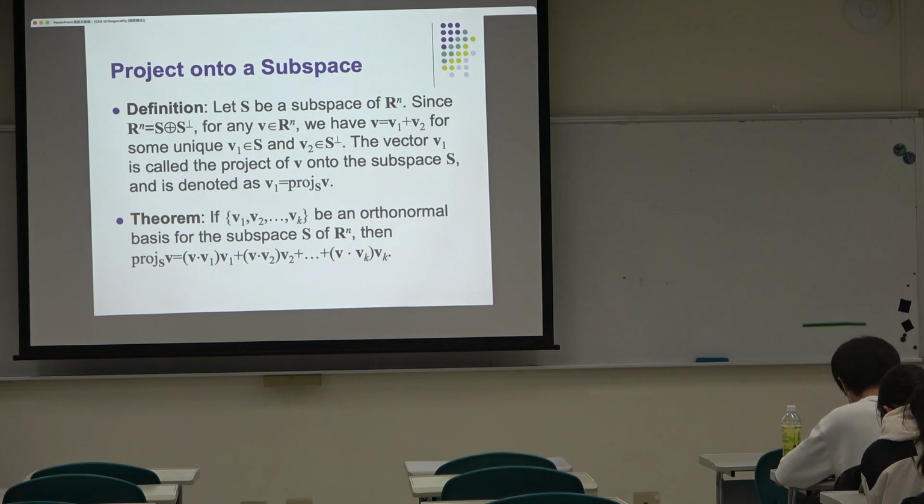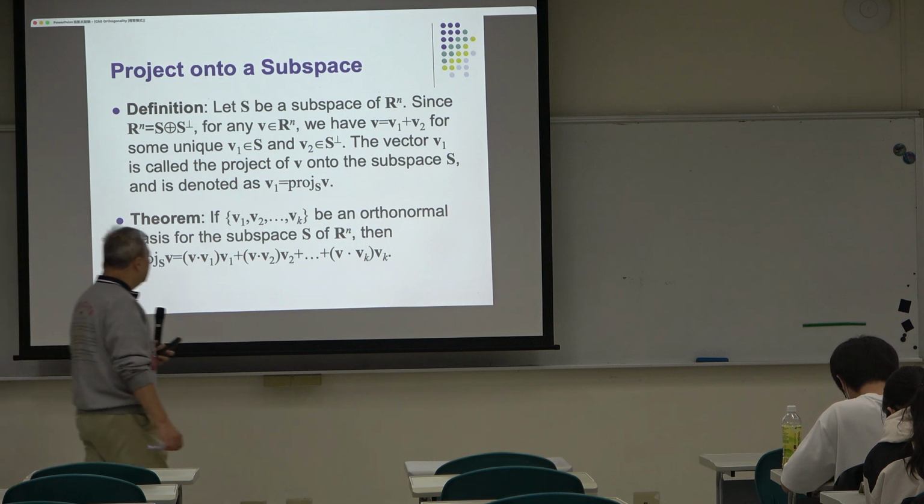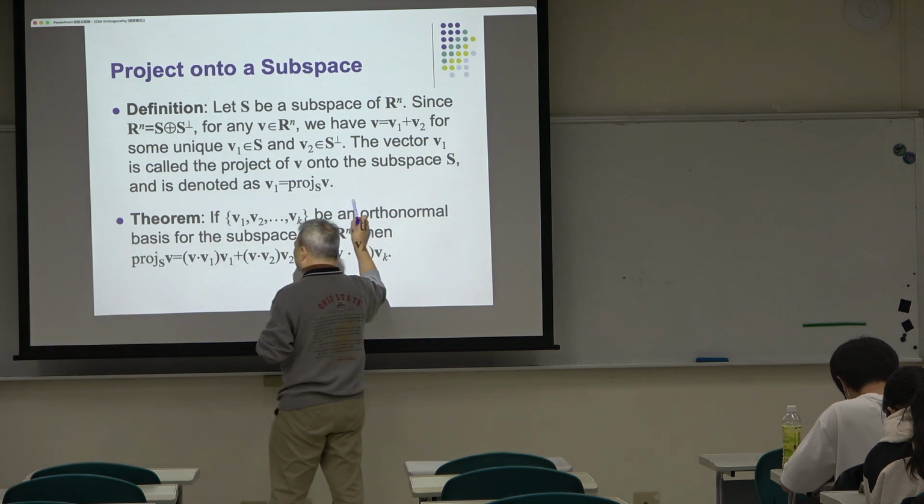We already know that. So the vector V1 is called the projection of V onto the subspace S. It's denoted as V1 equal to project S of V. So basically that's a notation.